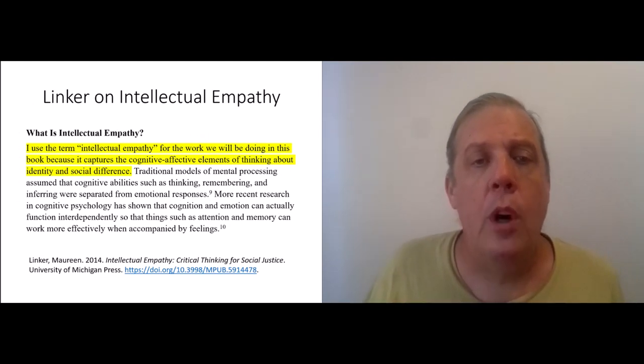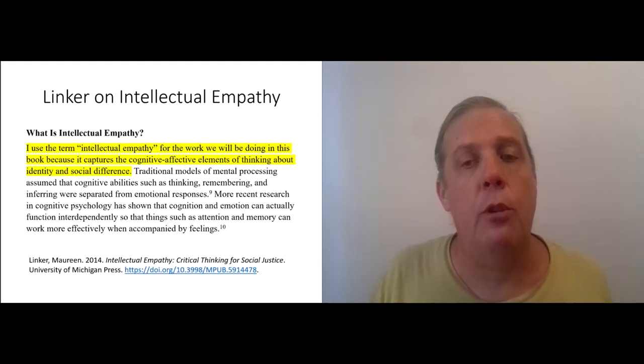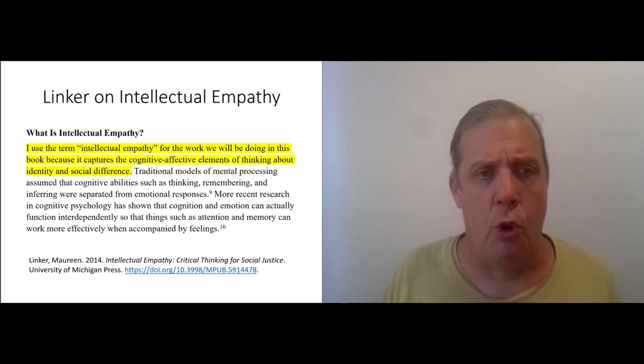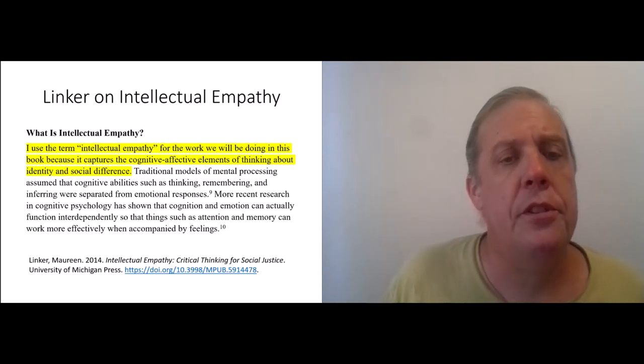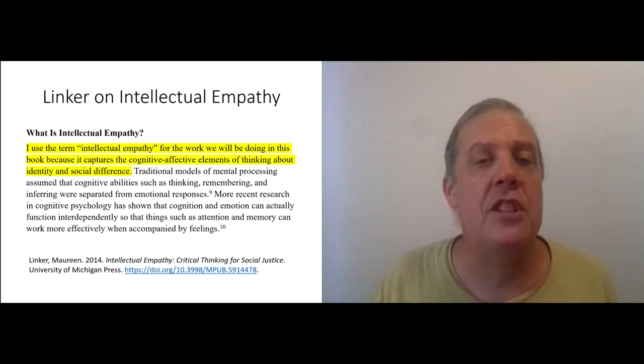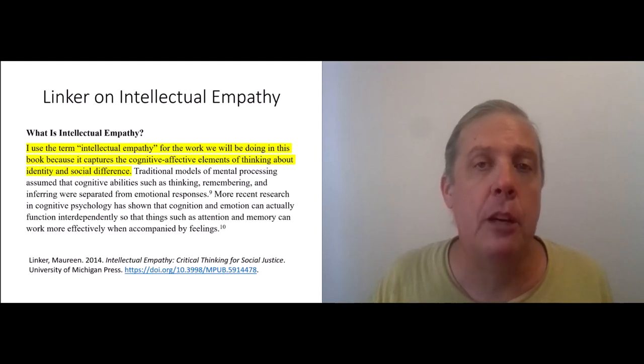Okay, one reason that I like Linker is that she brings out the empathy part of intellectual empathy much more richly. So this is from your reading. What is intellectual empathy? I use the term intellectual empathy for the work we are doing in this book because it captures the cognitive, affective elements of thinking about identity and social difference.